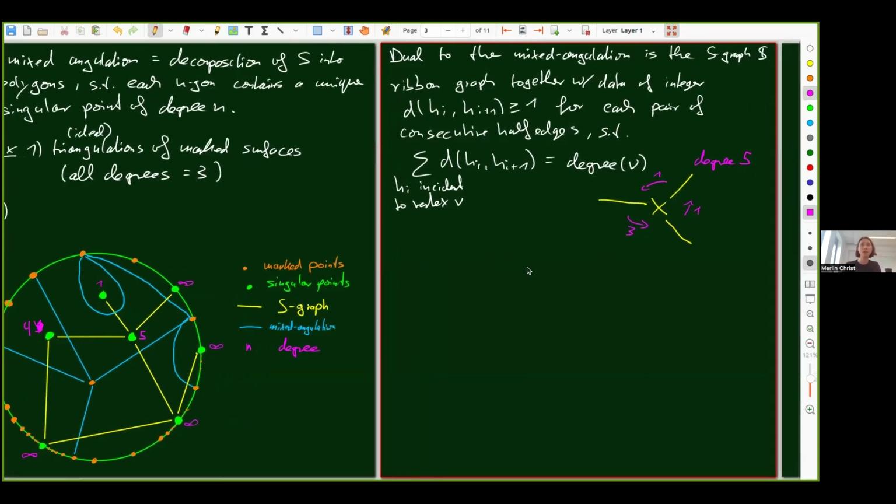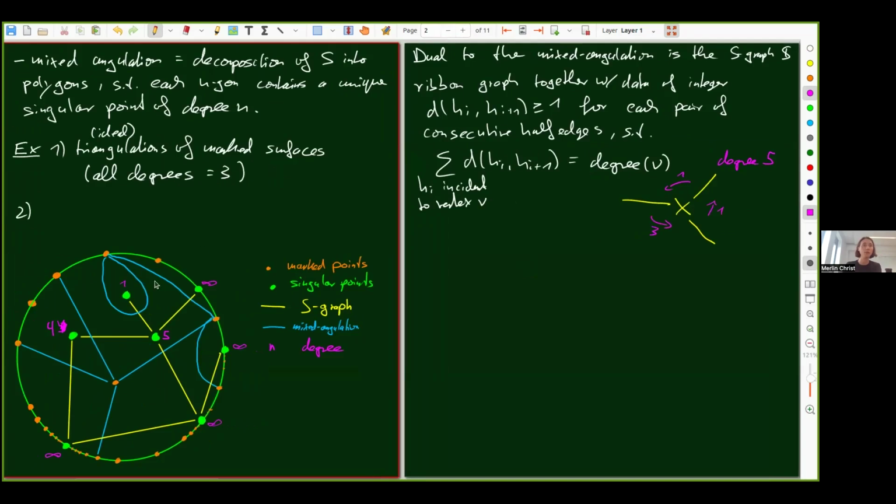So if we go back to this example on the left, the S graph here is the dual graph to the mixed angulation. This is drawn in yellow. And let's maybe also find the degrees. So this degree here, it is 1. And this degree here will be 3.